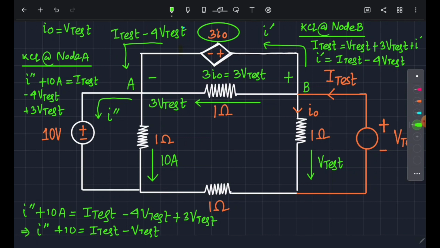So I double dash is nothing but I test minus V test minus 10. So we write it over here. This is I test minus 10 minus V test. Now we see this current is incoming, so we apply a KCL over here.